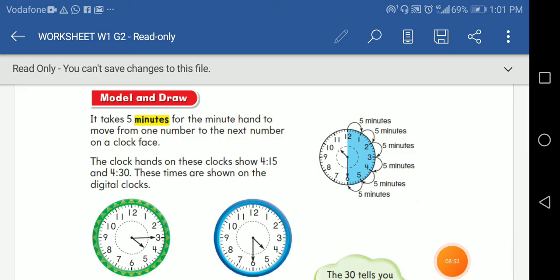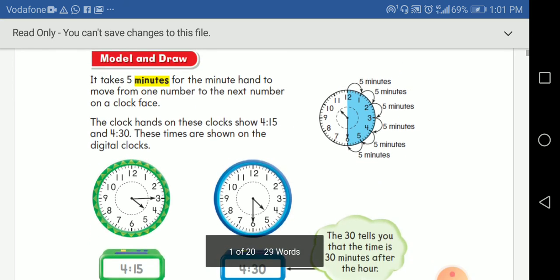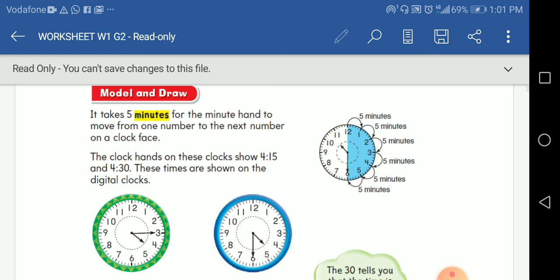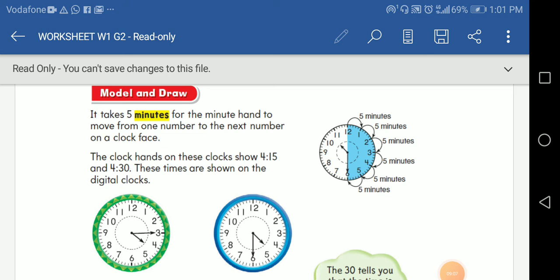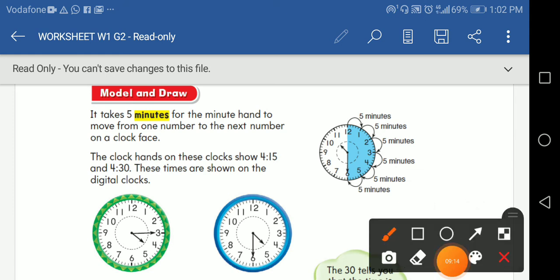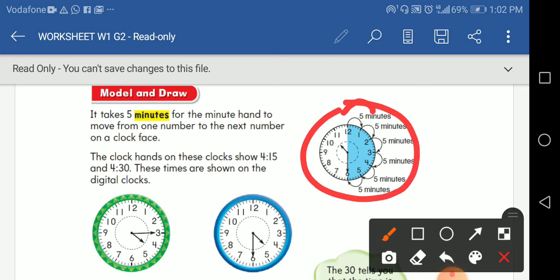So let's have here some exercises on the worksheet. Guys, remember this. This is an analog clock. Between the numbers 12 and 1, how many minutes? 5 minutes. 5, 5, 5, 5 until we got here 60 minutes.